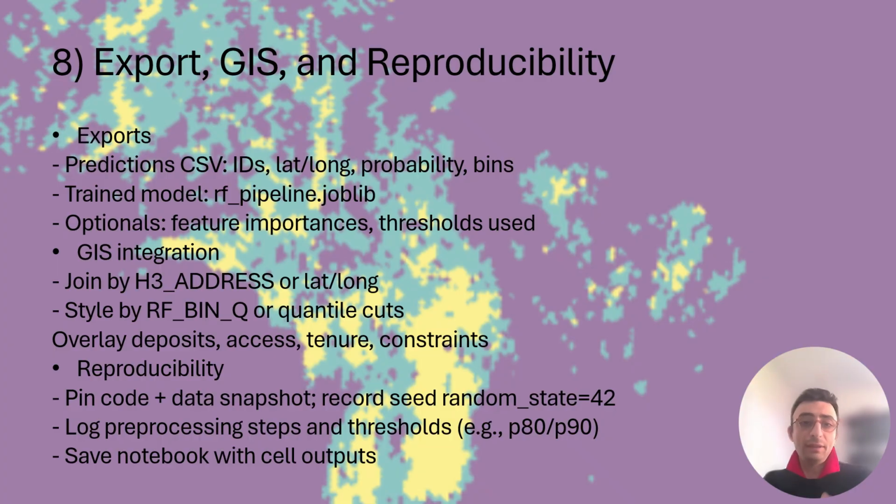Now you can hand off a clean CSV and a saved pipeline. In GIS, style the bins and overlay business layers. For reproducibility, pin seeds, note quantile cutoffs, and archive the notebook and model so the map can be regenerated exactly.